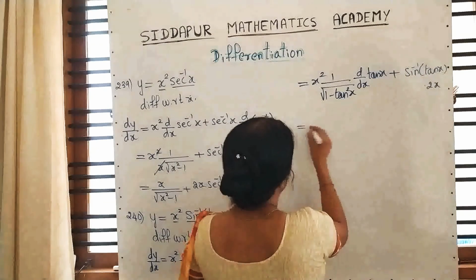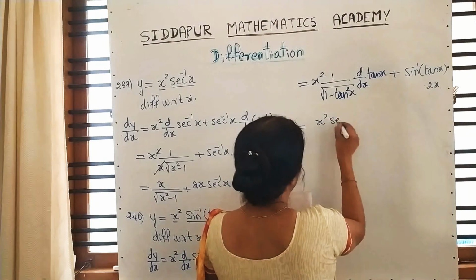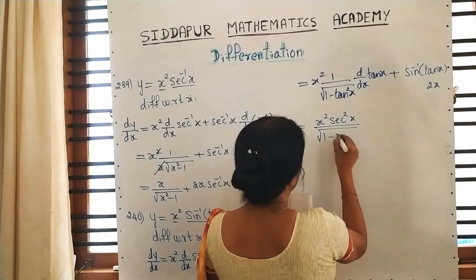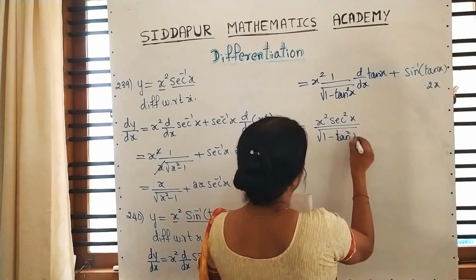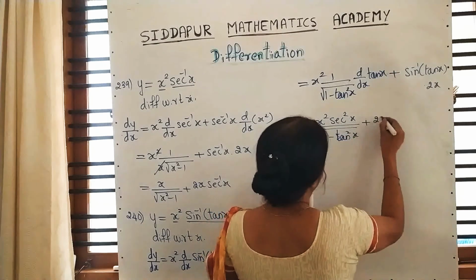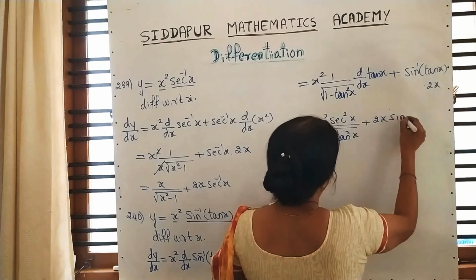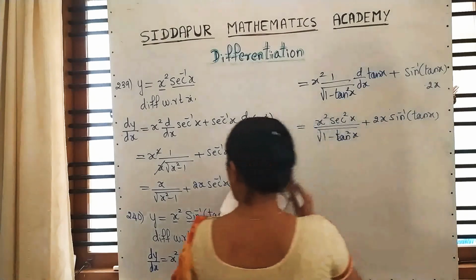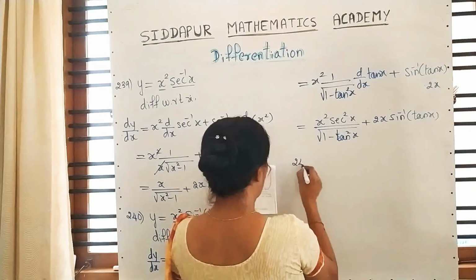What is the differentiation of tan? Secant square. That means it contains inverse trigonometry as well as chain rule.